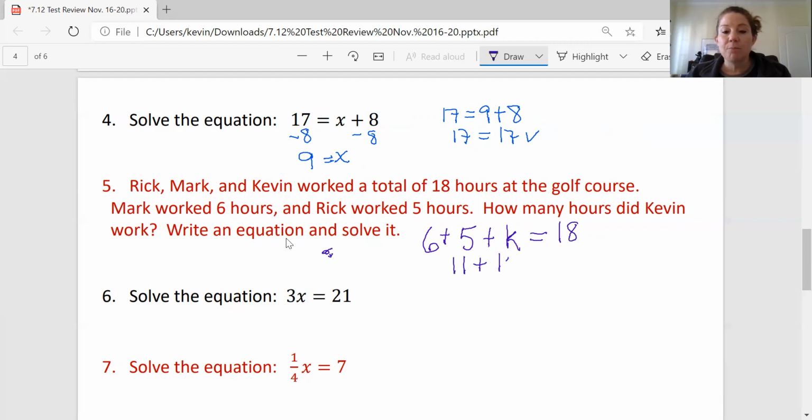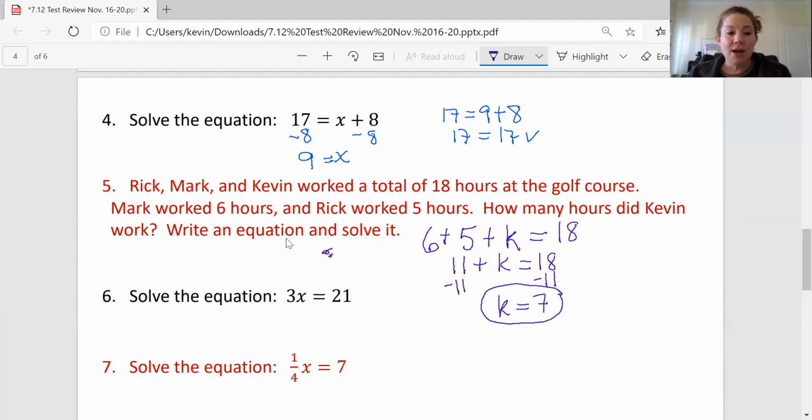So we get 11. And now to solve for K, we get rid of this positive 11. The only way to get 11 gone is to subtract 11. We do everything twice. Bring down our K is equal to 18 minus 11, which is 7. So Kevin worked 7 hours.